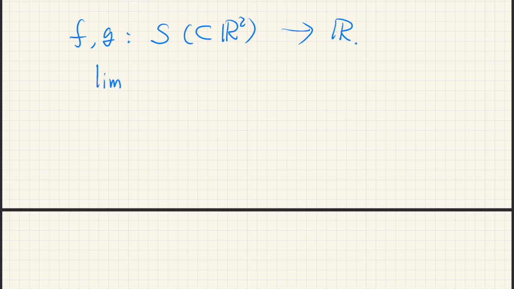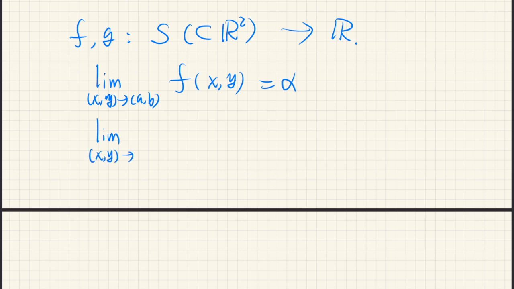And let's say we have the limit as (x, y) approaches (a, b) of f of (x, y) is alpha, and the limit as (x, y) approaches (a, b) of g of (x, y) is beta.